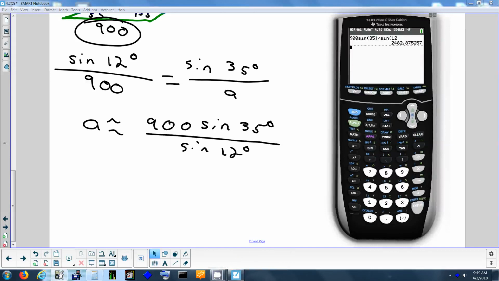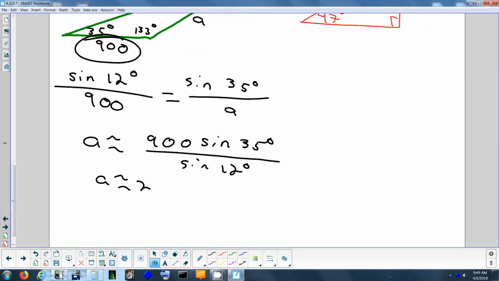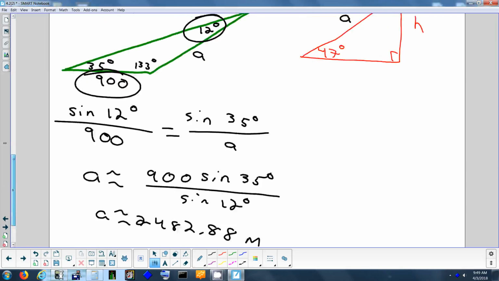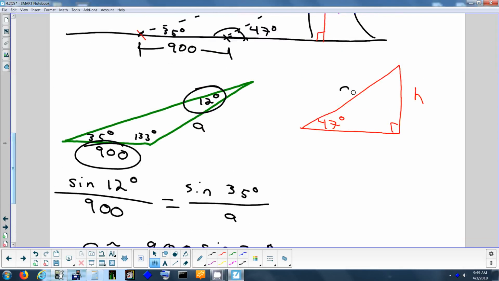Okay, so we get 2,488.88. Okay, any questions on how we got A? Okay, so I'm going to fill that in up on the red triangle. 2,488.88.